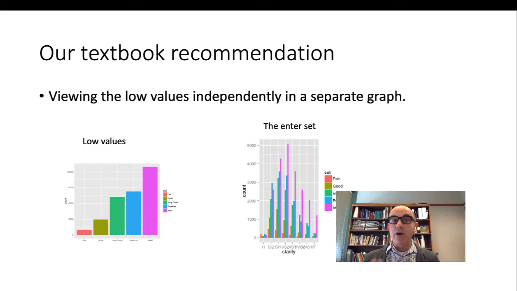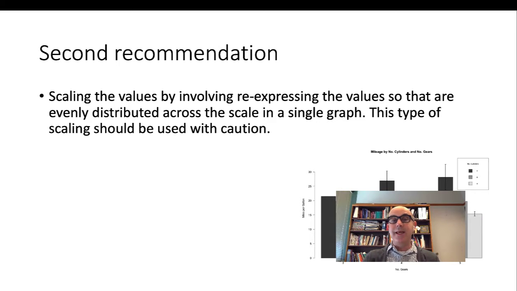Our textbook recommended viewing the low values independently in a separate graph, which means you will take the entire scale, the whole, and you will instead display only part of the data in order for people to understand what it entails.